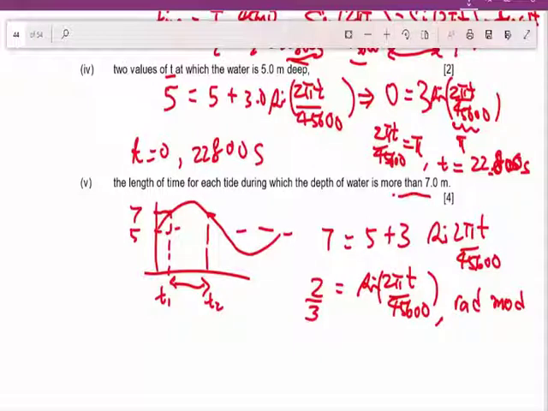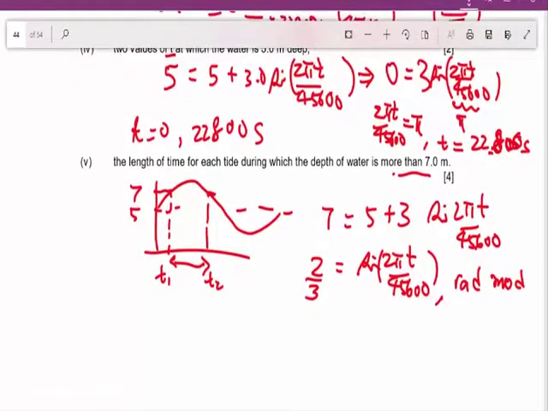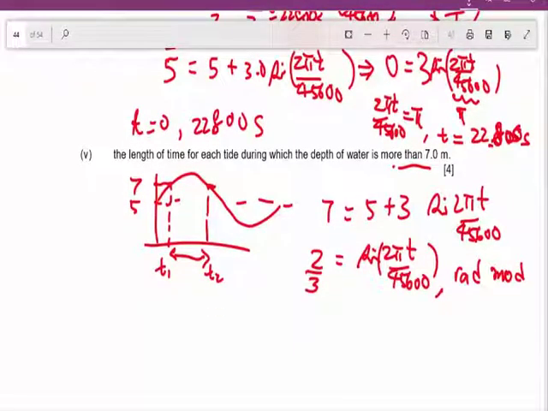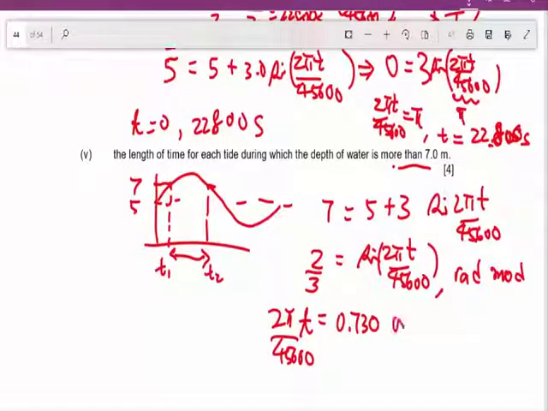You get two answers: one in the first quadrant and one in the second quadrant. So 2 pi t over 45600 equals 0.73 or 2.41.